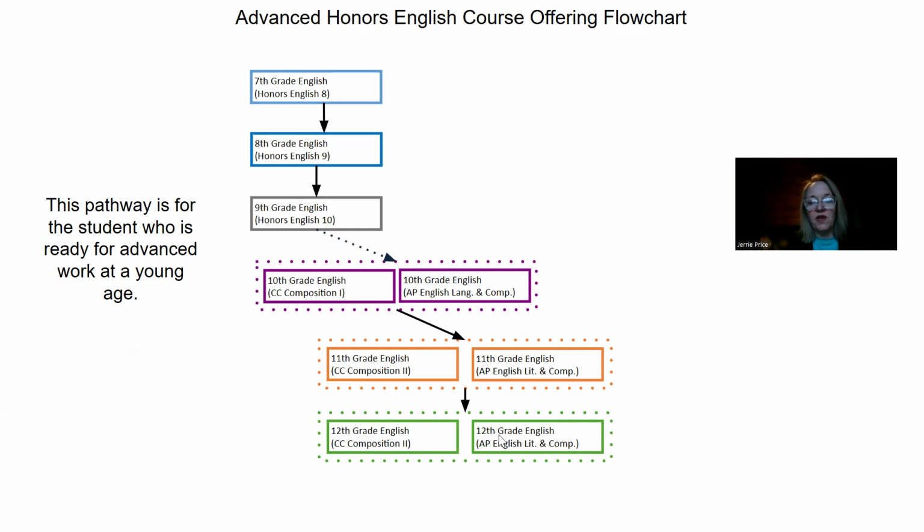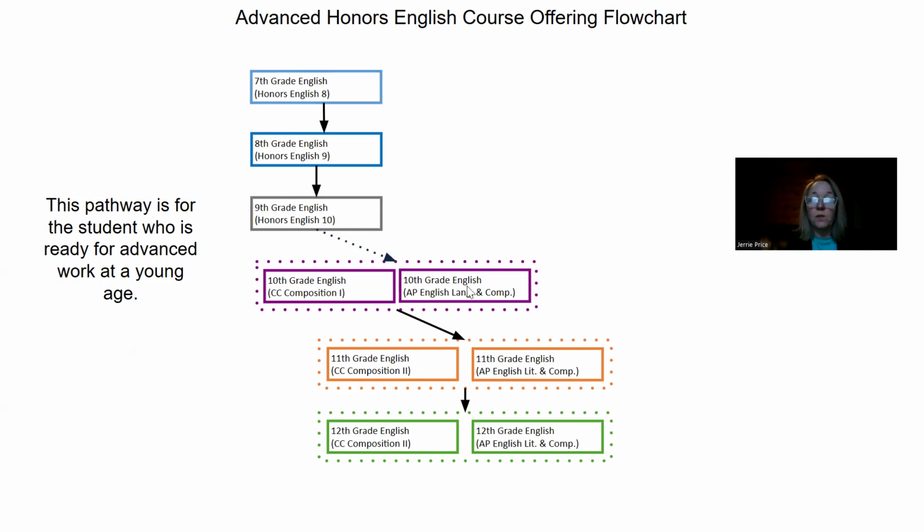And then the 12th grade year, we want students to complete that pathway by taking whichever course they have not taken. But our goals are that they get through Comp 1 and Comp 2, whether that is by scoring a 3, 4, or 5 on the AP Lang test. They score a 3, they get Comp 1 credit. And then we would move them to Comp 2.